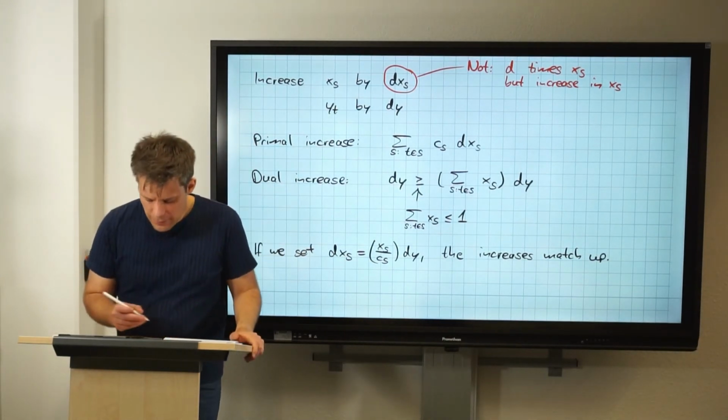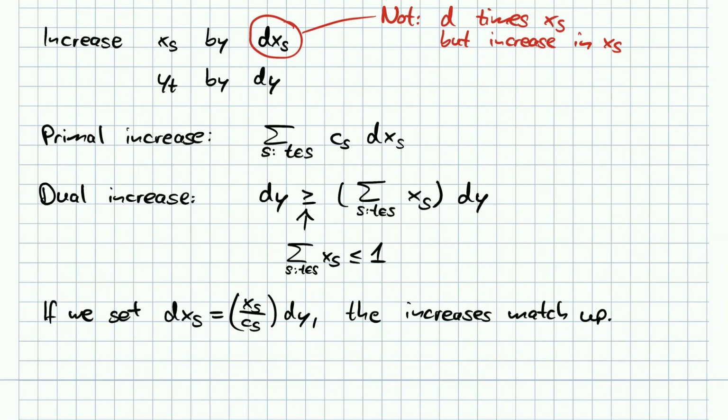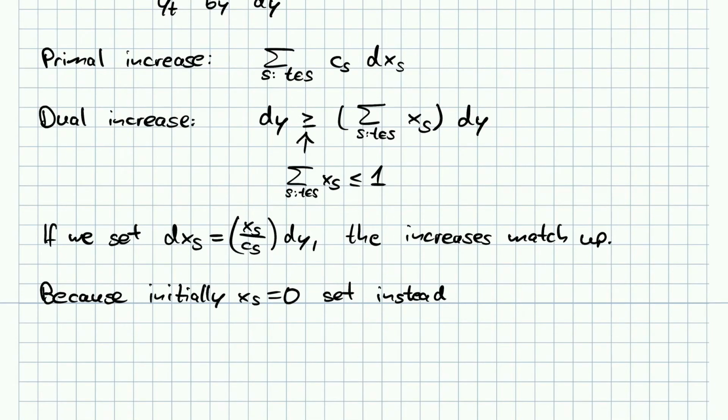So what we'll do instead is the following. Because initially xs is 0, we'll set dxs to 1 over cs times xs plus eta times dy, where this eta is tiny.